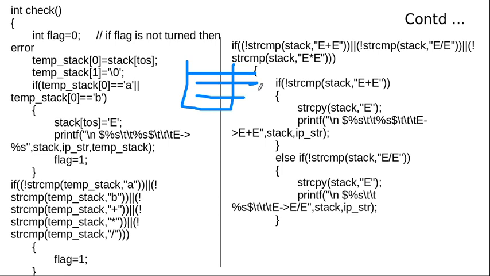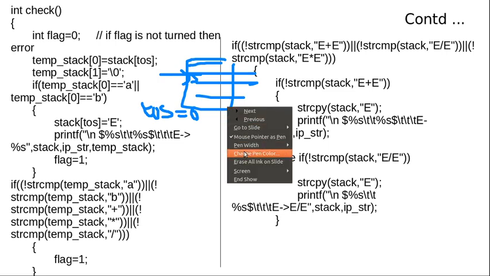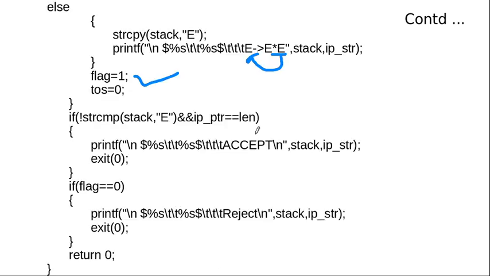For that purpose, I must set my top of the stack pointer, or indexing, once again to the initial value, nothing but 0. If I am not setting it, the remaining symbols are going to be added from above that, so the below symbols are also valid, which is not legal. For that purpose, I must set my top of the stack value once again to 0.